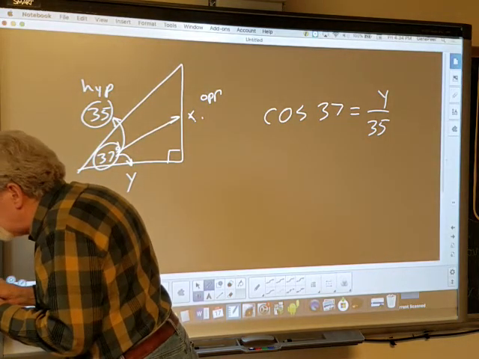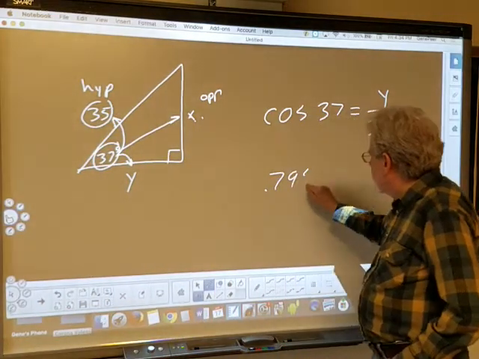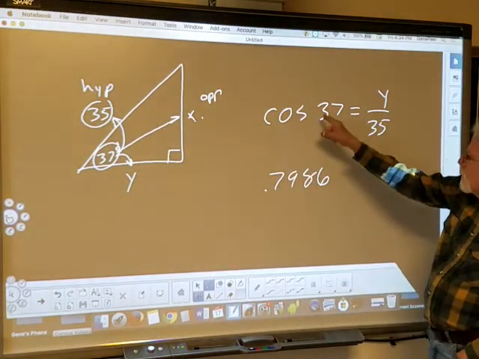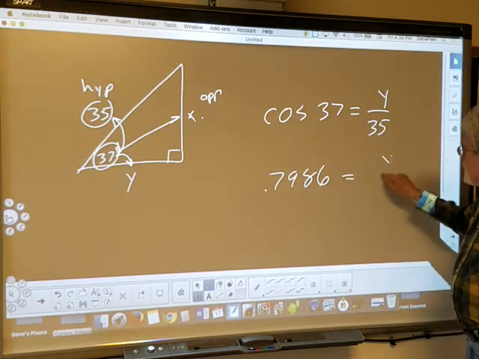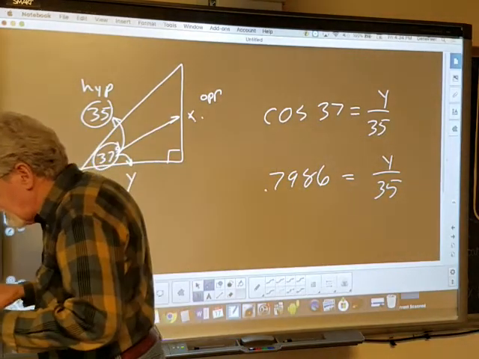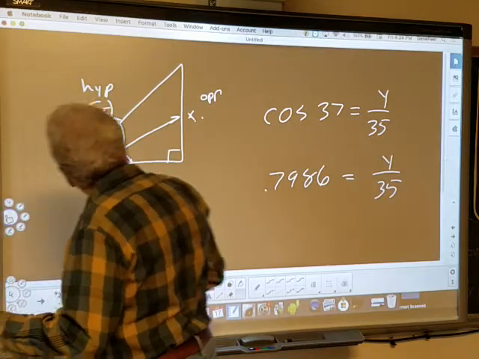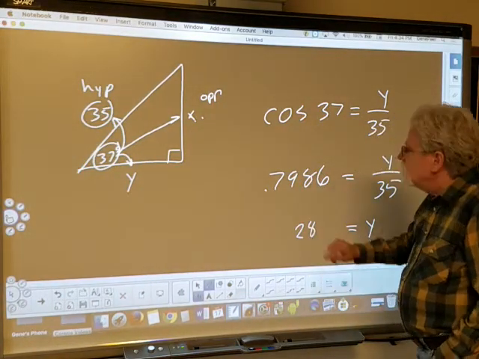Cosine of 37 gives me 0.7986. Be sure you can figure out why cosine of 37 is 0.7986 from page 311. Then I just multiply that by 35, and I get a result of about 28. So y turns out to be about 28, and we're done.